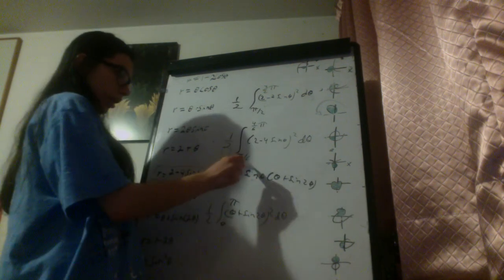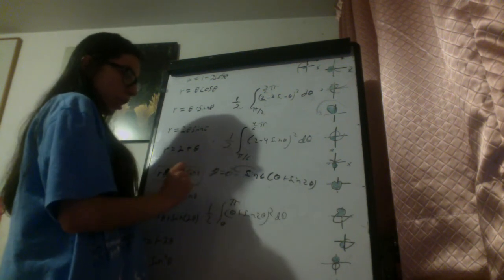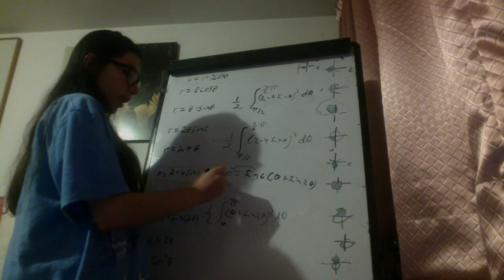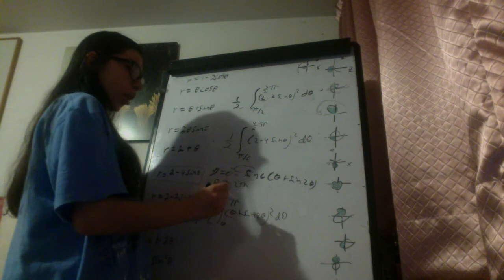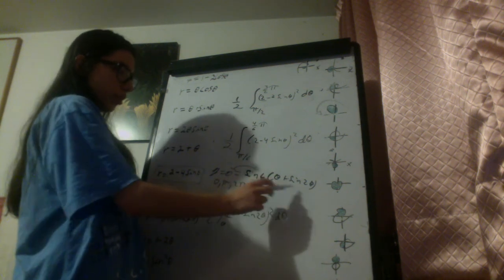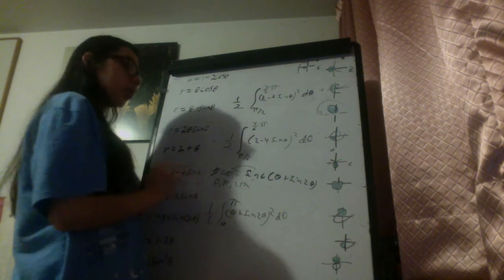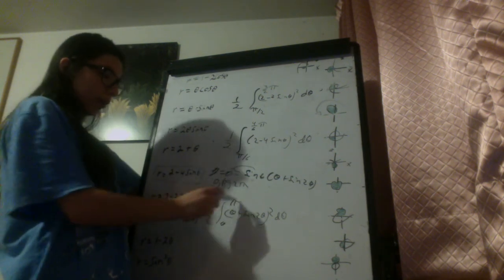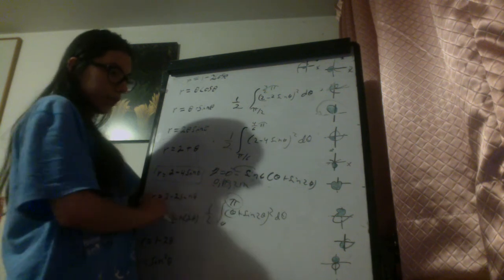So either sine of theta is equal to 0, in which case we have theta equals 0, pi, 2 pi, etc. Or this is equal to 0, that we already saw is 0. So the second x-intercept is at pi. That's our second bound of integration.